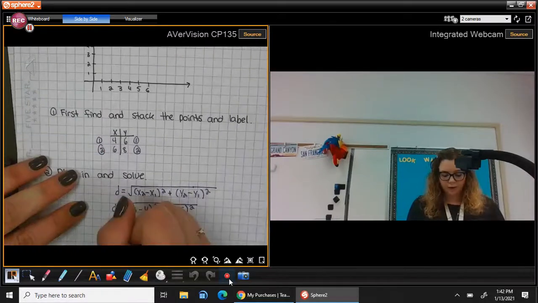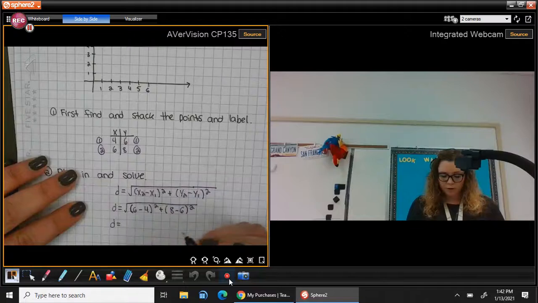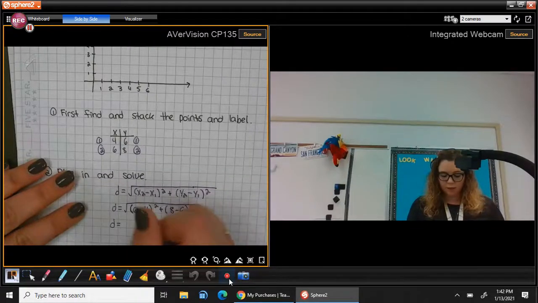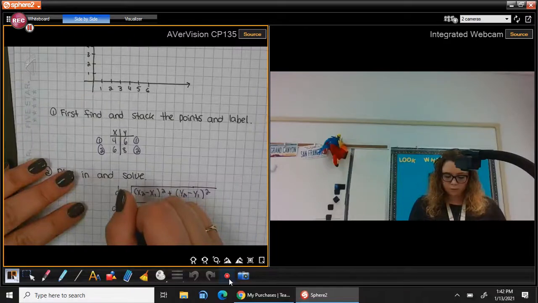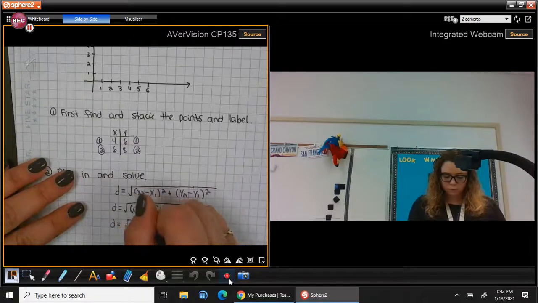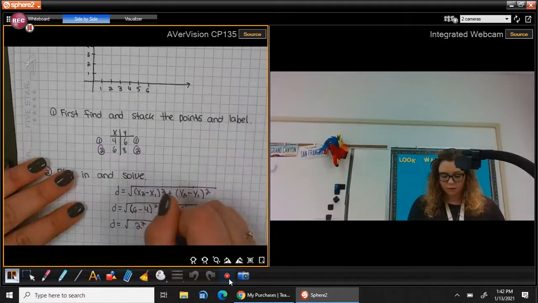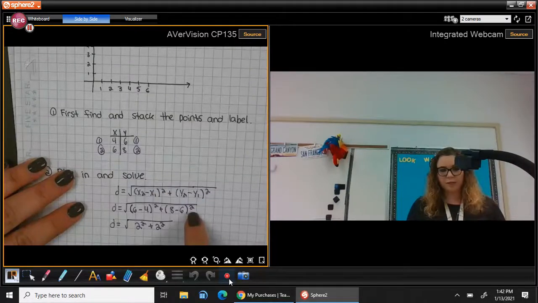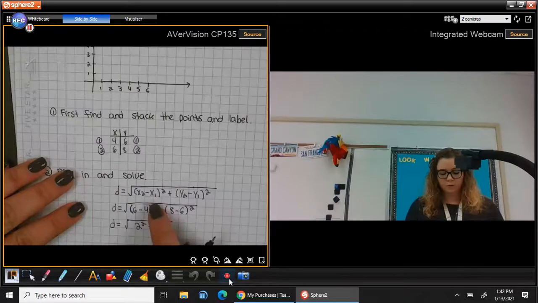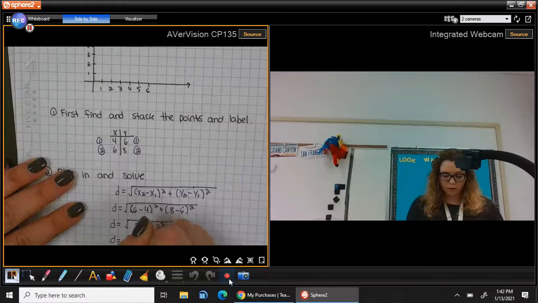And I'm going to simplify further. 6 minus 4 is going to give me 2. Plus 8 minus 6 would give me 2. Don't forget these exponents come down. And then d equals 2 squared is 4 plus 4.